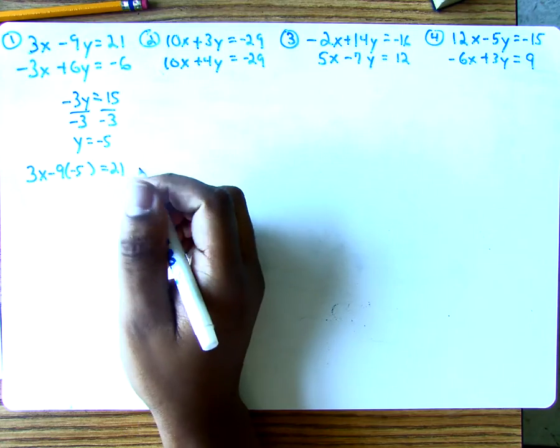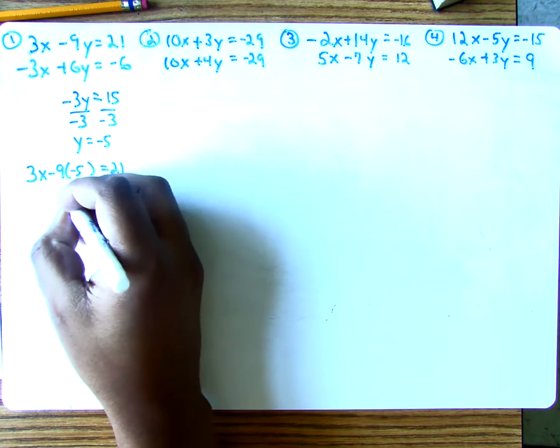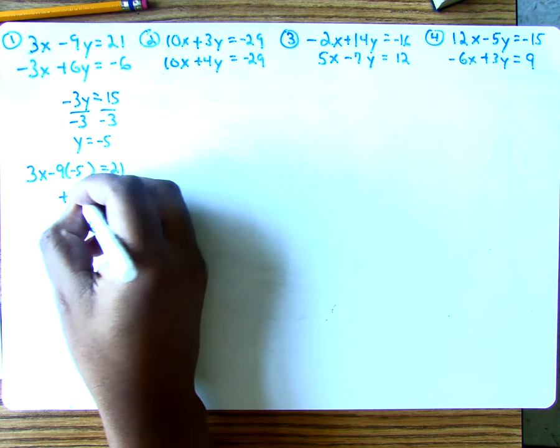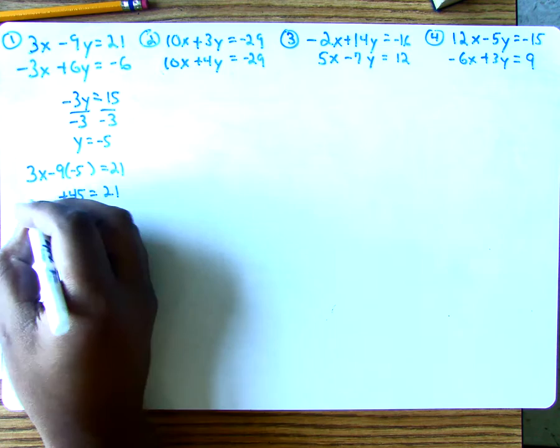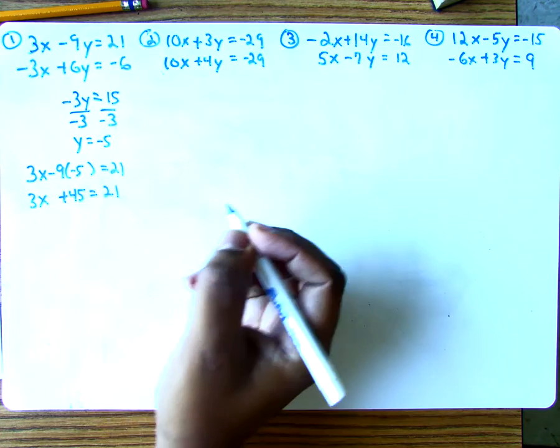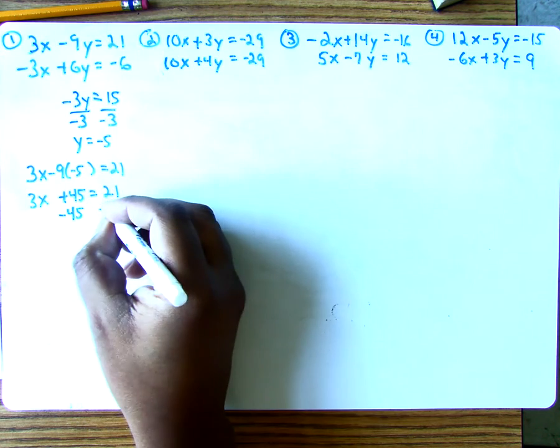Alright, next I'll take the negative 9 and negative 5, multiply to get a positive 45. I'll bring down my 21 and bring down my 3x. Now I'm going to subtract the 45 on both sides.